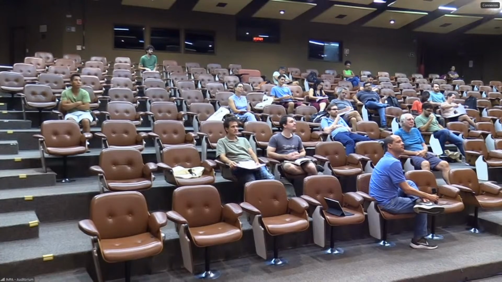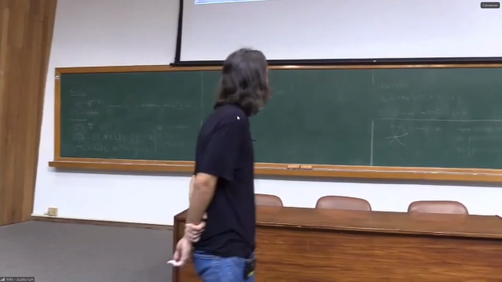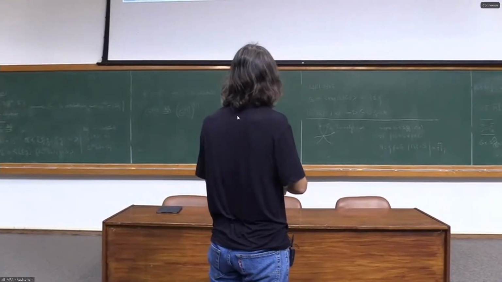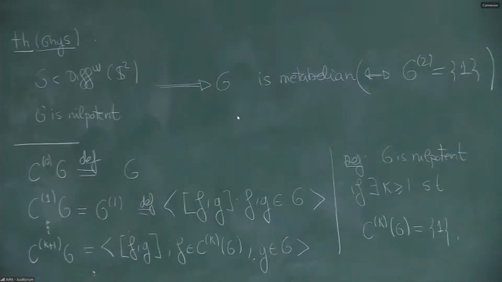Just one question. In the statement of the theorem, metabelian does not mean that the nilpotent sequence stops at step 2. No? No. That's true?